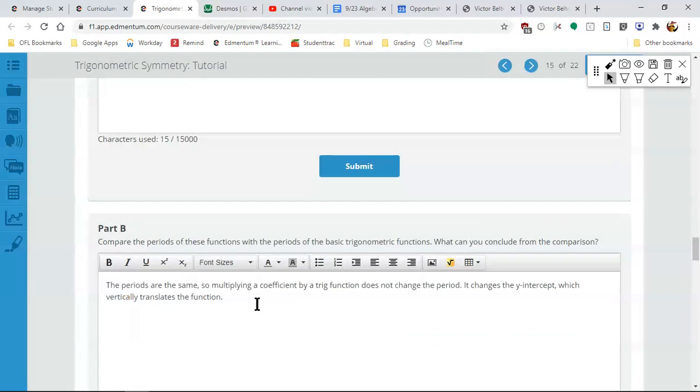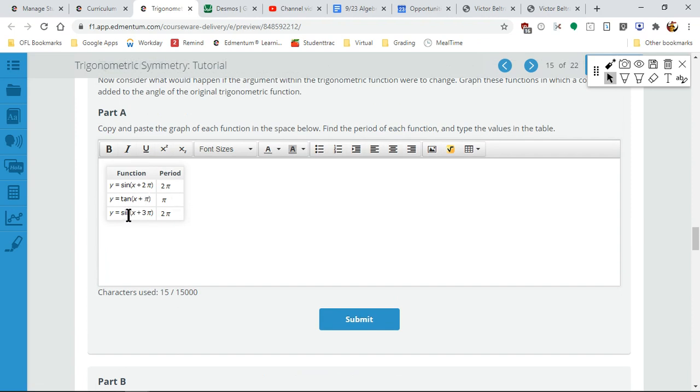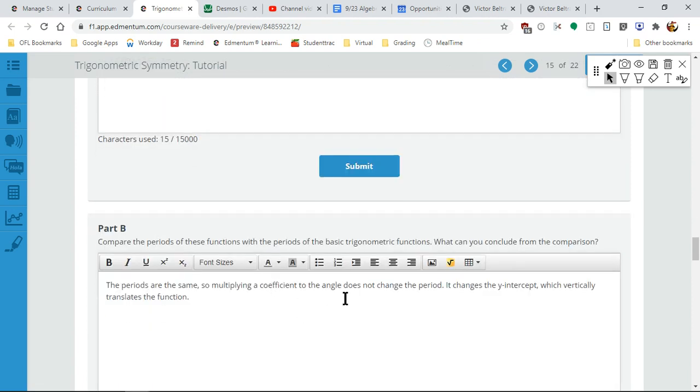This one, I'm going to say, adding a coefficient to the angle, because we're adding something to the angle, does not change the period.